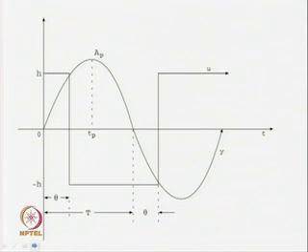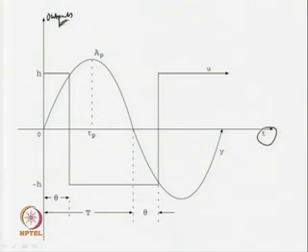Now, when a symmetrical or ideal relay is employed to conduct the relay test for obtaining sustained oscillatory output, then a typical output of this form can be obtained. We have got the time axis, and different types of outputs. What outputs have we shown in this diagram?